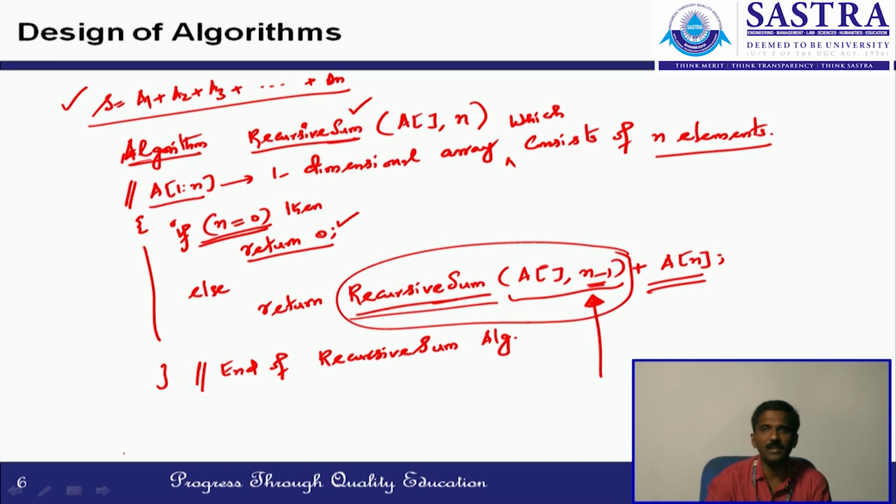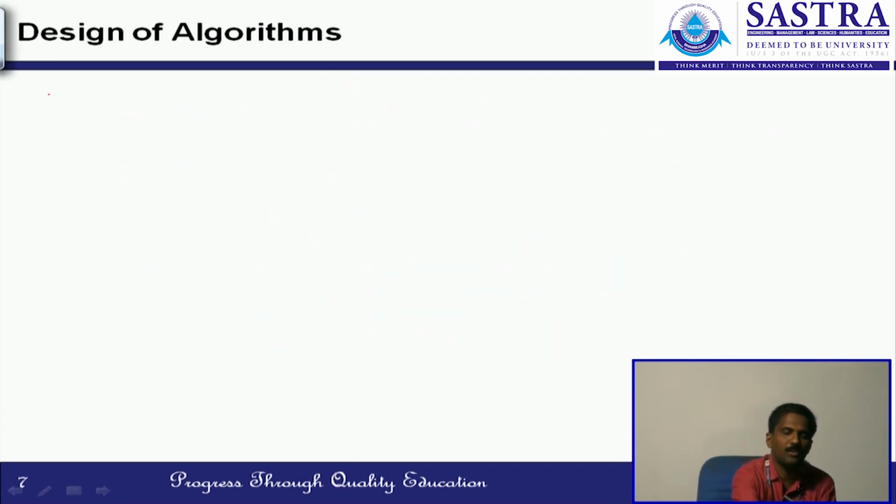Let us verify the correctness of this algorithm. For example, take n is equal to 5. What is the initial call? Recursive sum A array comma 5.